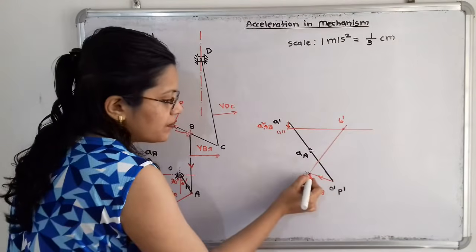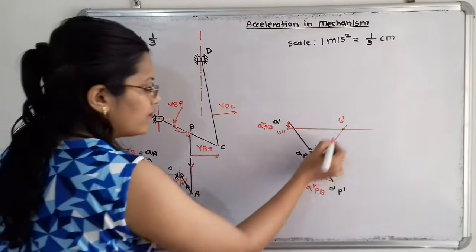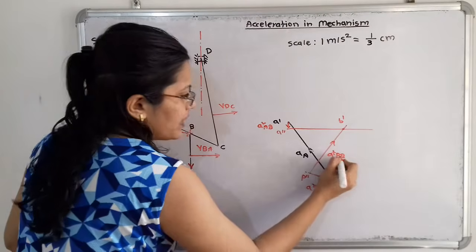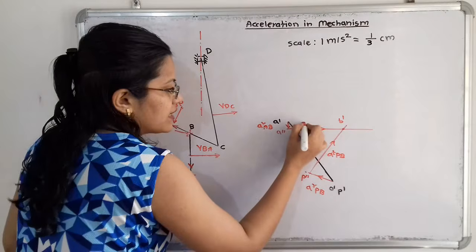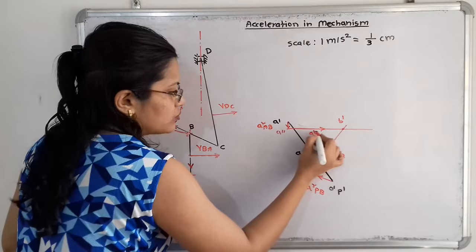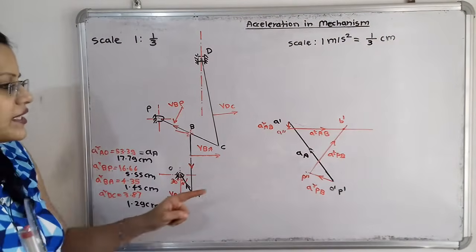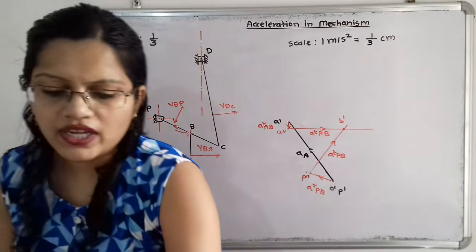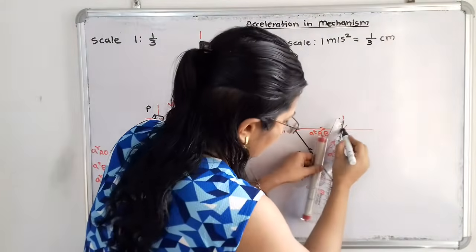This vector P double dash to B dash indicates the tangential component of PB, that is a raised to t PB. And this vector A double dash to B dash indicates the tangential component of AB, that is a raised to t AB. Now if I join P dash and B dash, and A dash and B dash, it will give us the total acceleration. We will show the total acceleration with the help of the black marker.